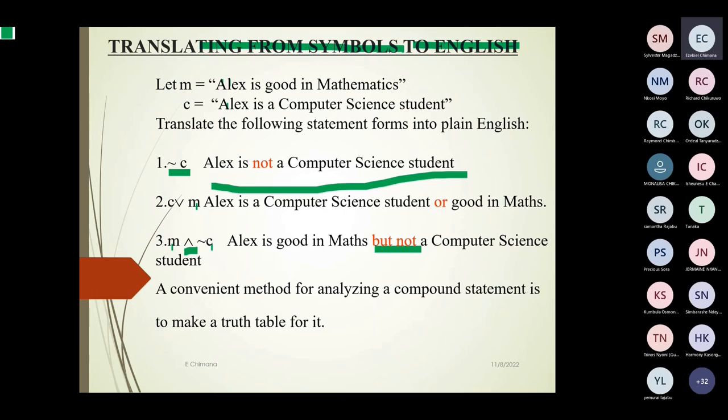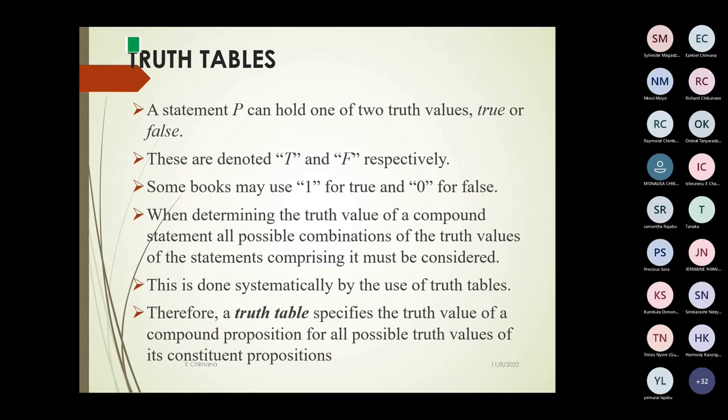So a convenient method for analyzing a compound statement is to make a truth table for it. If you want to establish its truth values also, you need to use the concept of truth tables. So this will lead us to the concept of truth tables. A statement P can hold one of two truth values, which is true or false.